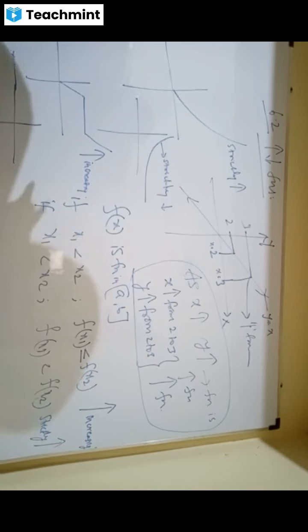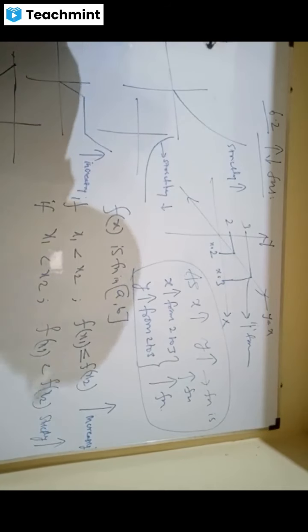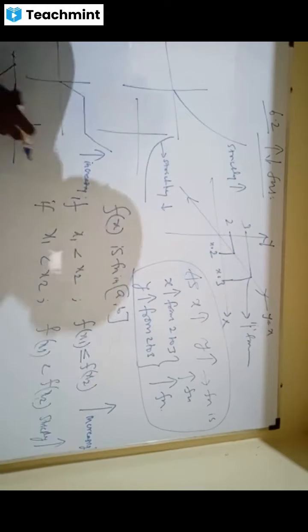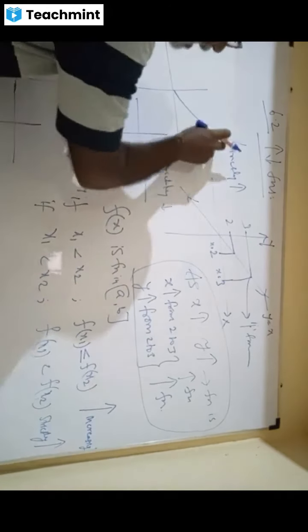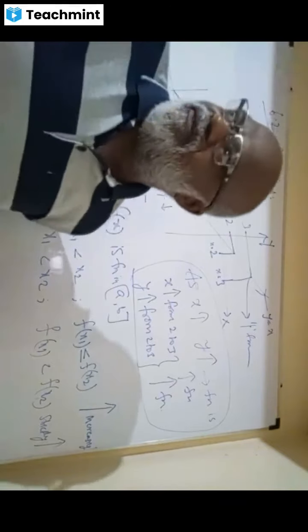Strictly decreasing function, and decreasing, so the constant part has to come in. I hope it's clear. Increasing, decreasing, strictly decreasing, strictly increasing. The graphs are given in the textbook here. Go through it, it's a fabulous one.